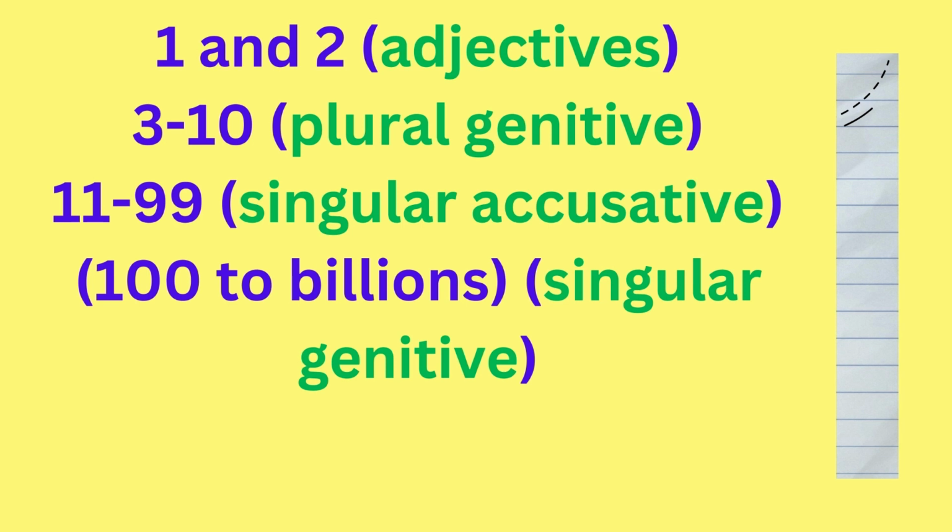Numbers 11 to 99, which also function as nouns, are followed by nouns in the singular accusative. Numbers 100 to billions or trillions are followed by nouns in the singular genitive.